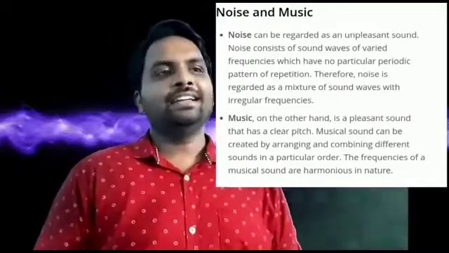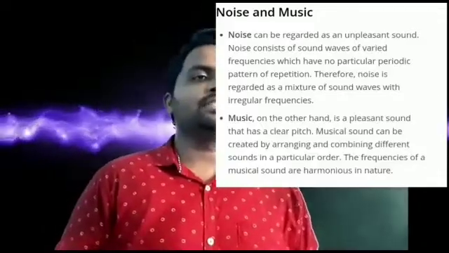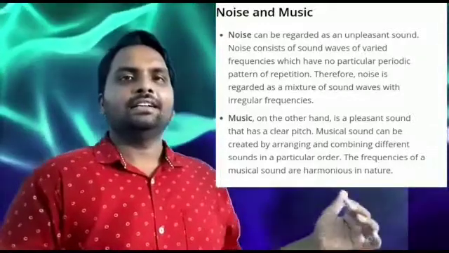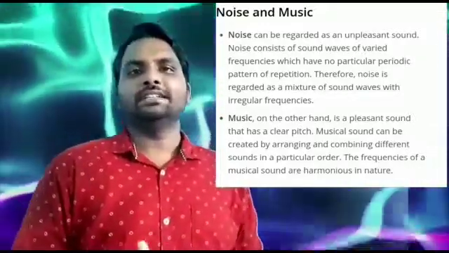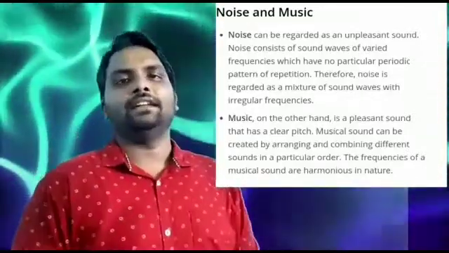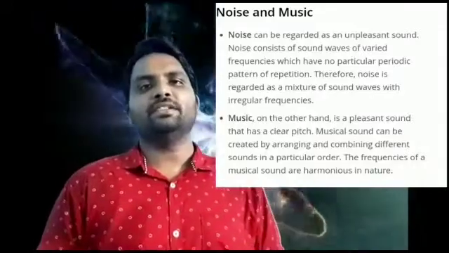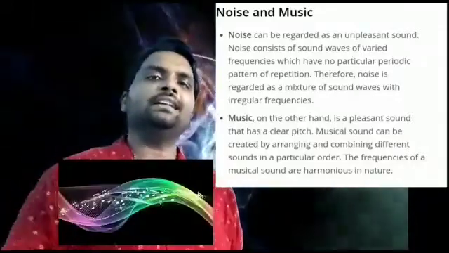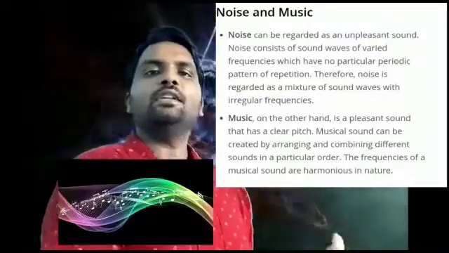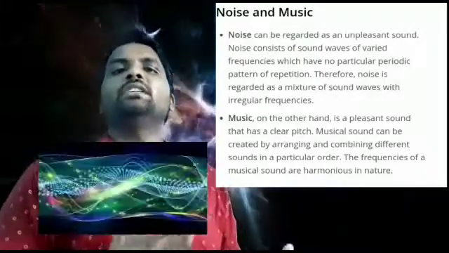Musical sound can be created by arranging and combining different sounds in a particular pattern. According to that music, the frequency waves have one particular pattern. They do not disturb each other and go in one particular direction, so we can listen to those voices clearly.